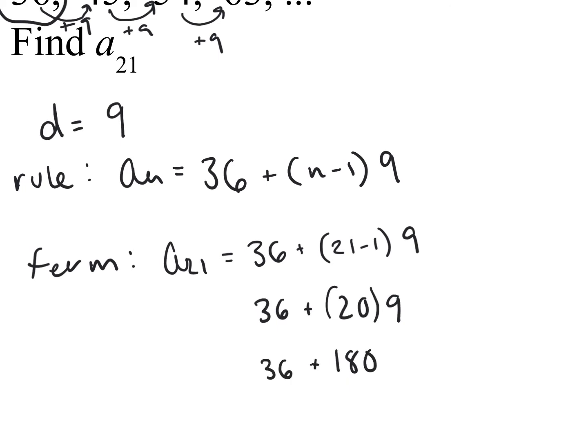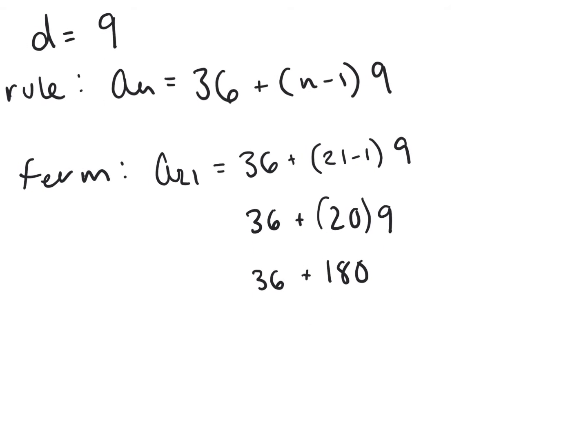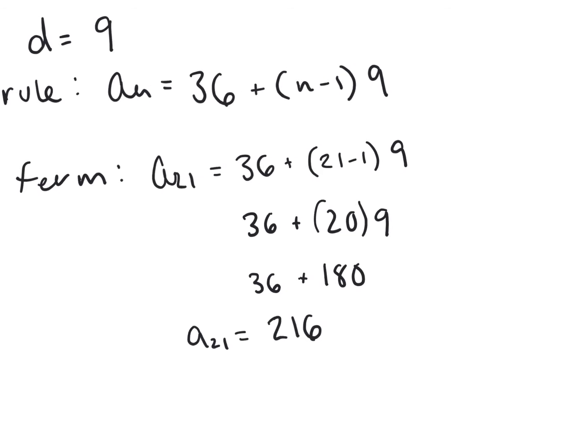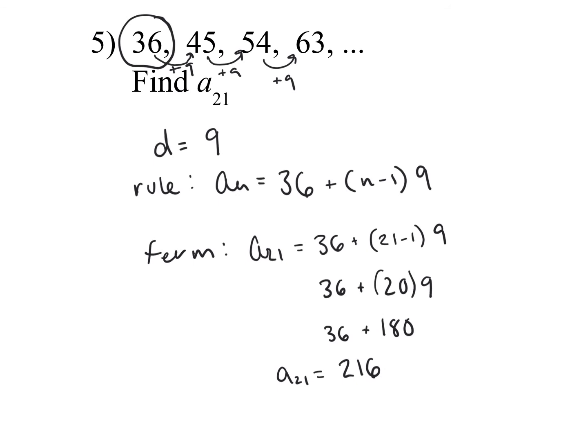And 180 plus 36 is 216. So a sub 21 is 216. So our answers here would be D for our common difference, our rule, and our term. Any questions here?